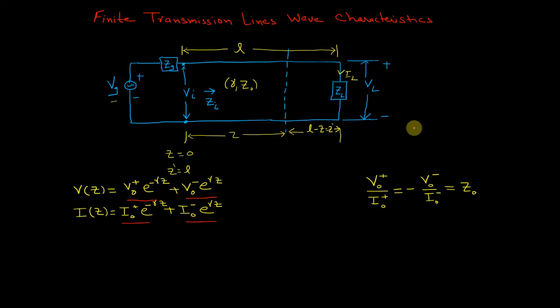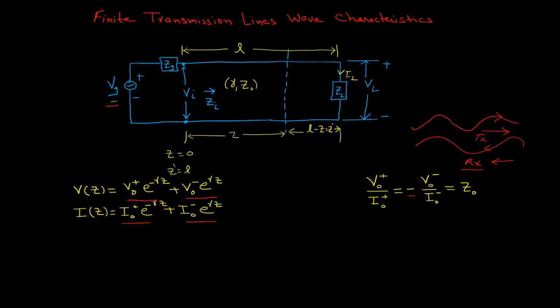This is because the transmitted wave is from the generator to the load, so the direction is like that, and the reflected wave will be from the load to the generator. So obviously the direction is different. This is the direction of the transmitted wave, and this is the direction of the reflected wave. The direction is opposite, and the negative sign signifies that.